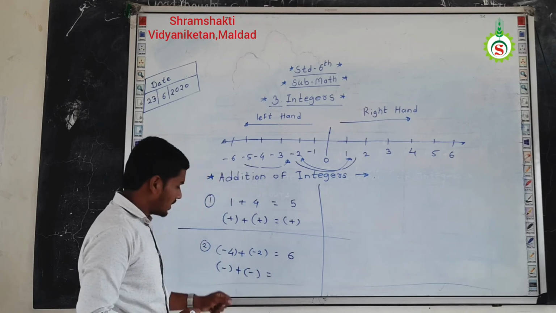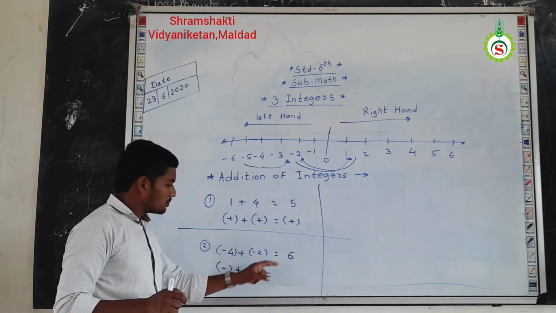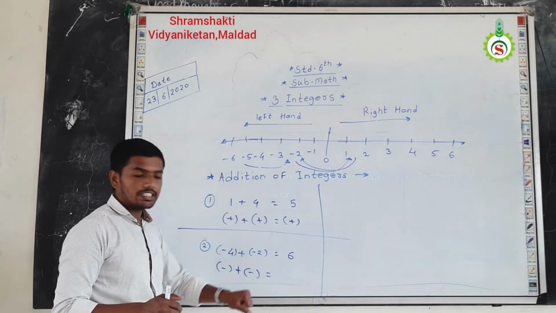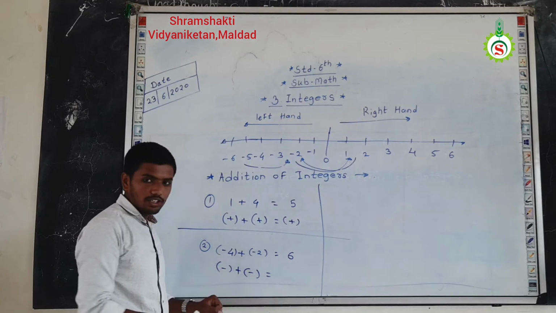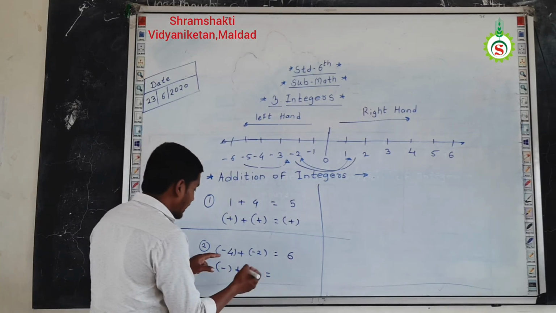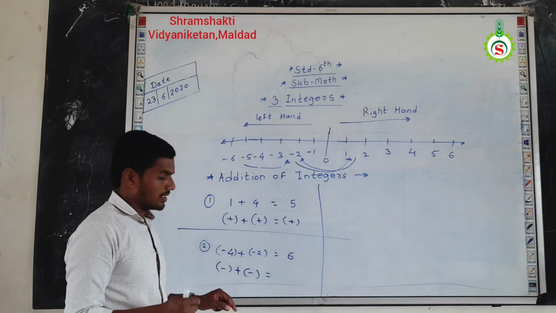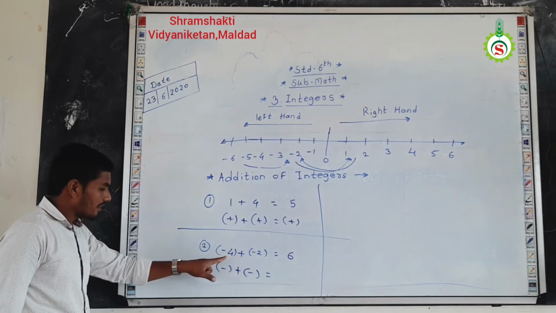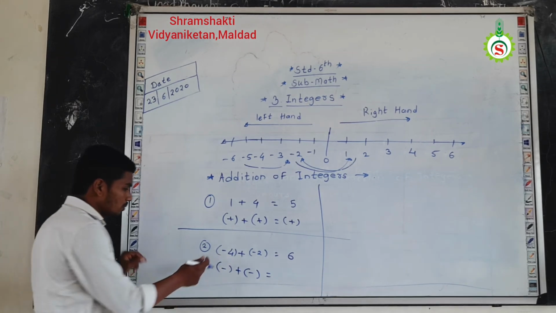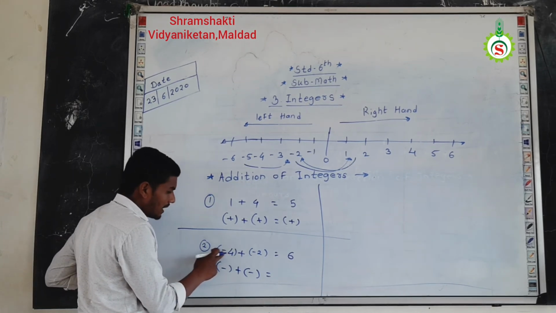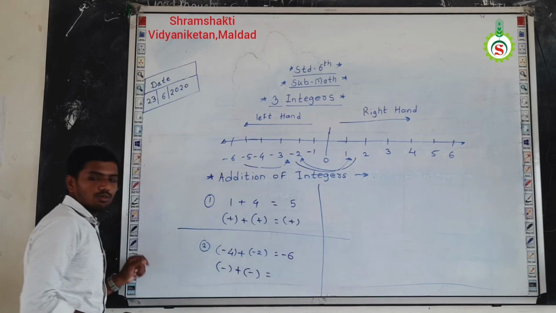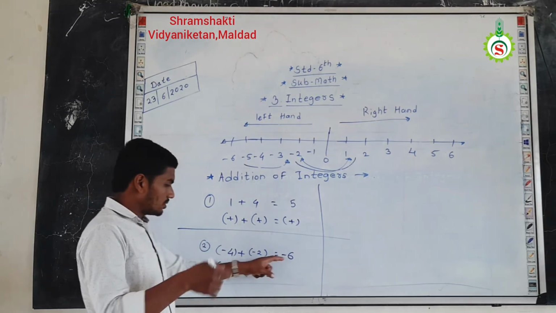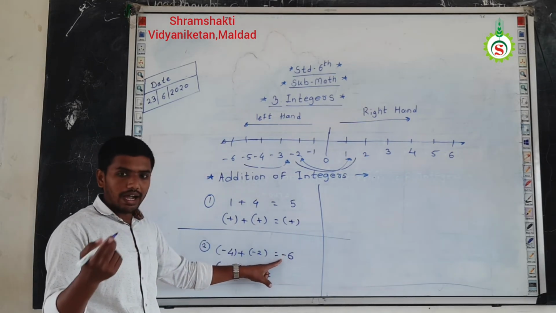So 6 is there. But which sign will be there for the 6? Minus. The sign of the larger number. So which is the larger number? 4 is larger or 2 is larger? Obviously 4 is larger. So which sign does that 4 have? Minus sign. That means which sign do I have to give to the answer? That is minus sign.